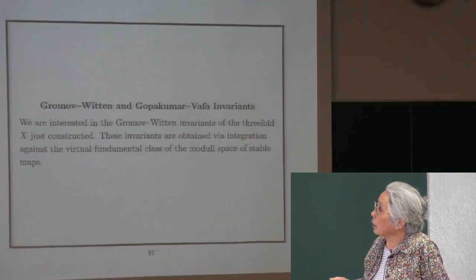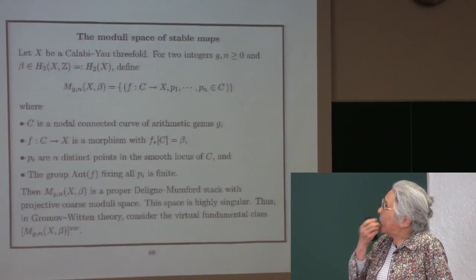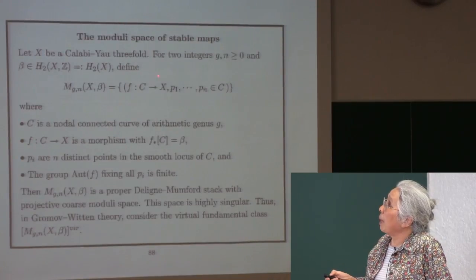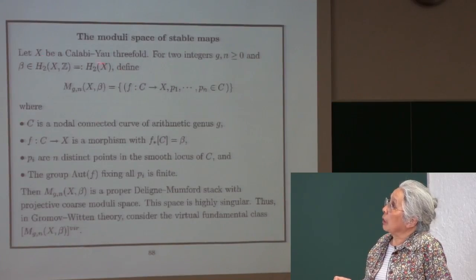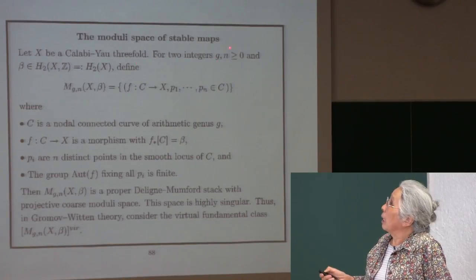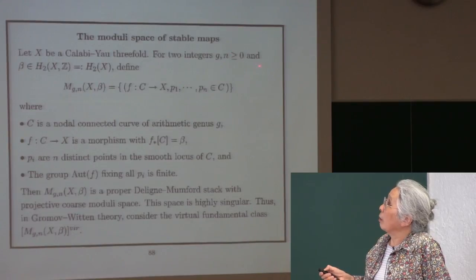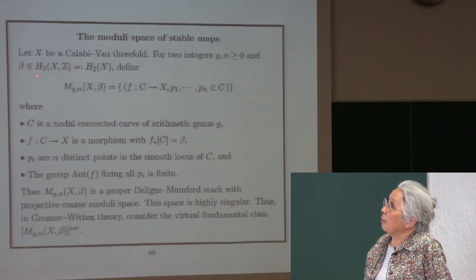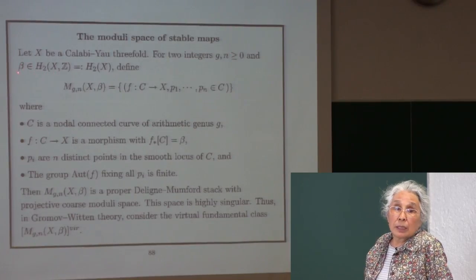So we should know what stable maps are. So X is our Calabi-Yau threefold, and for any integers g and n non-negative, beta is some fixed homology class.